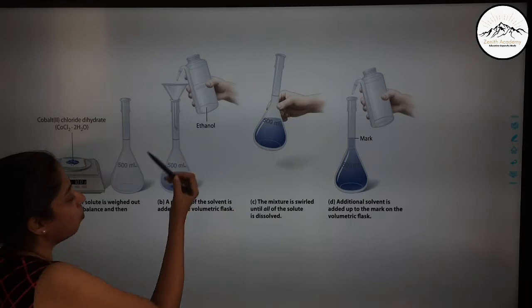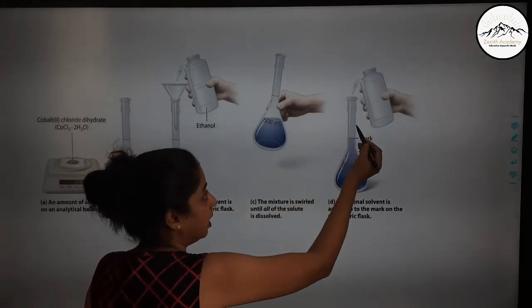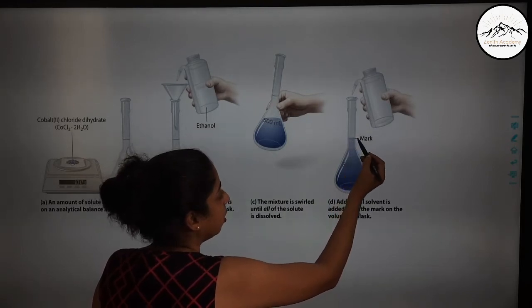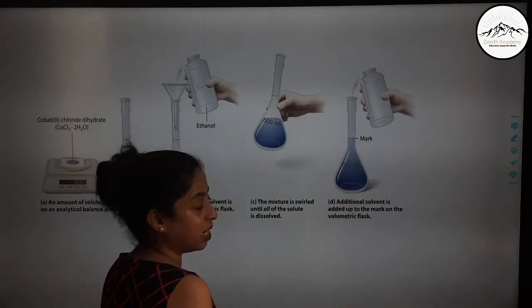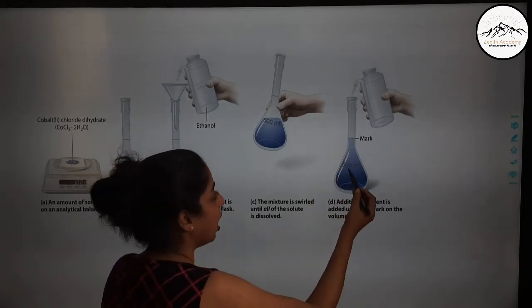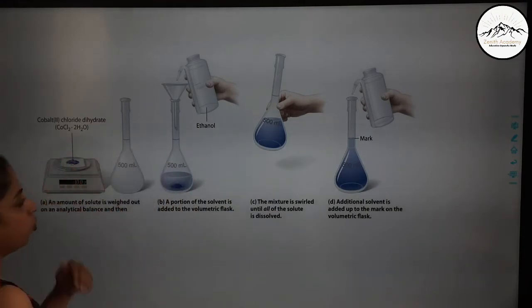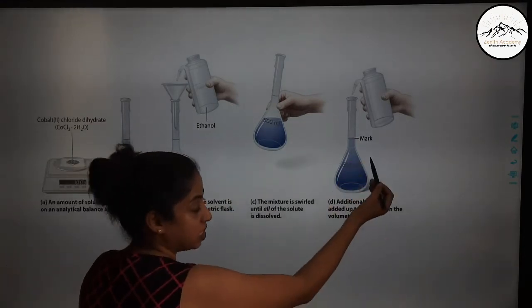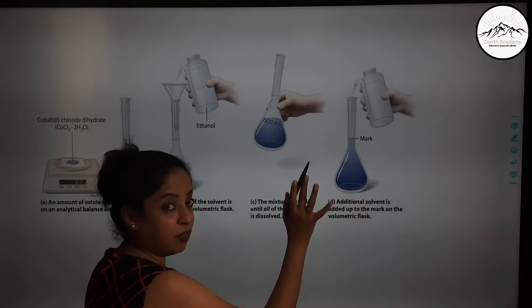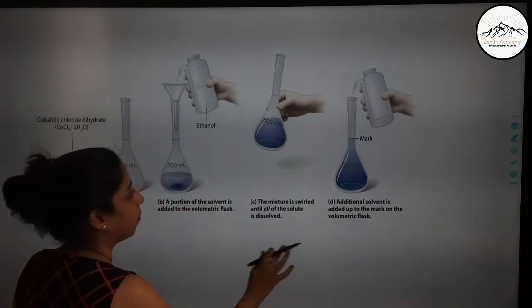First we add a small amount of solvent, mix it thoroughly and then keep on adding the solvent to reach the specific mark for a 500 ml standard measuring flask, so that the volume is fixed and since the amount was also fixed, we can calculate the concentration. So we have prepared a solution of known concentration.